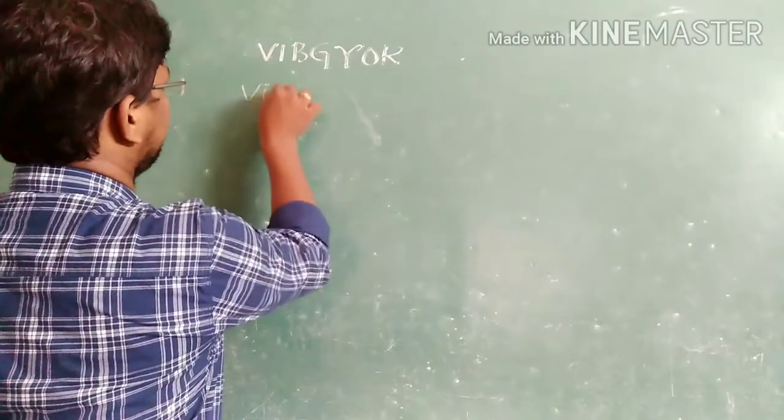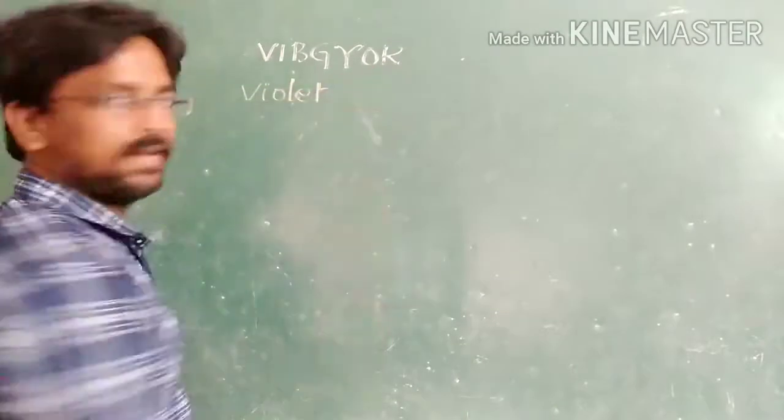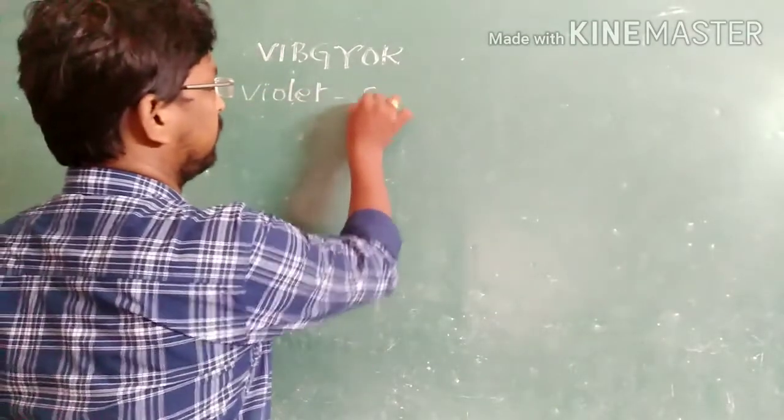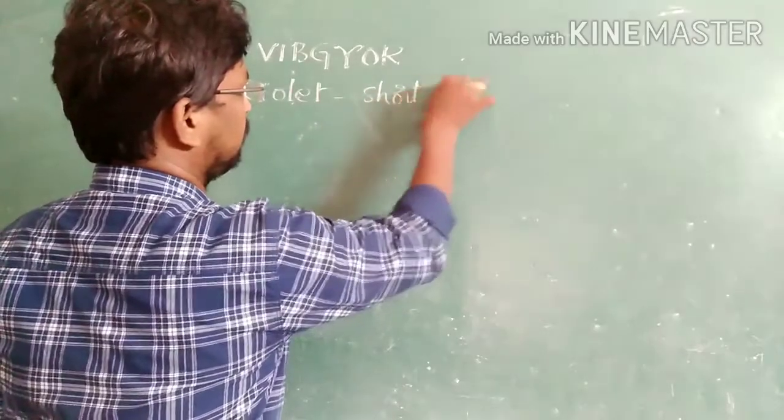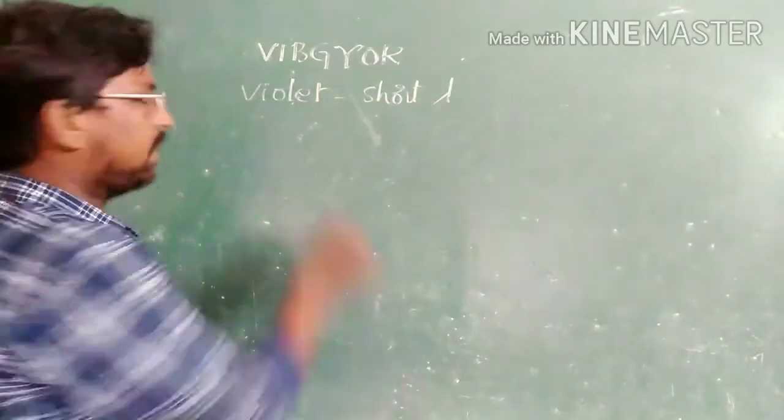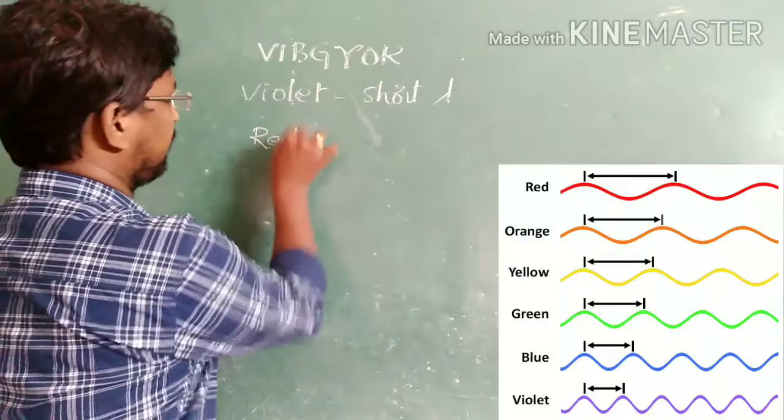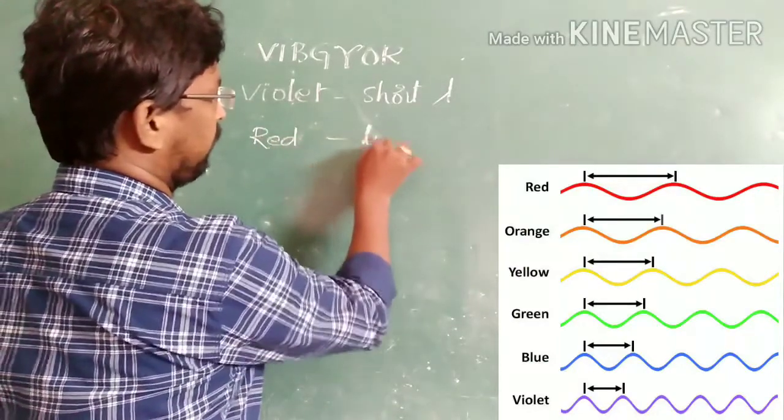violet color has a short wavelength and red color has a long wavelength.